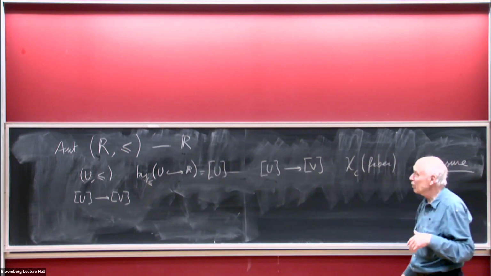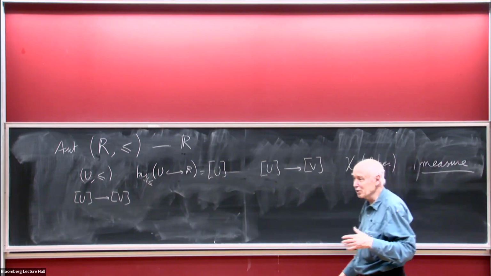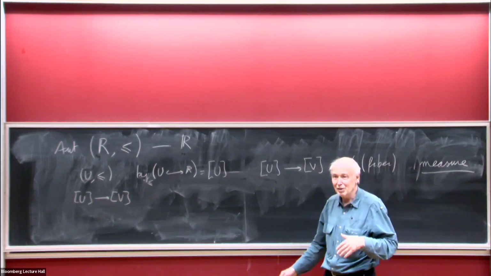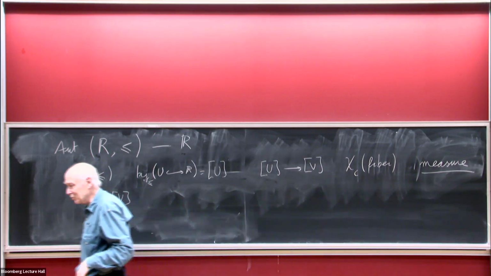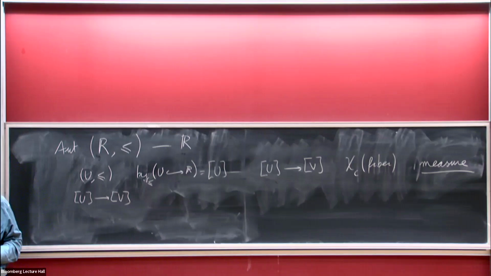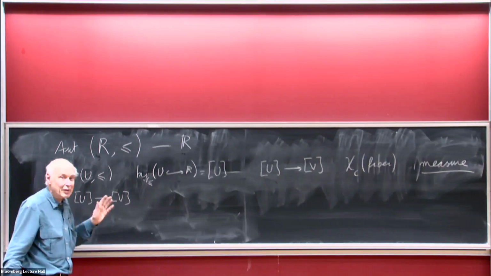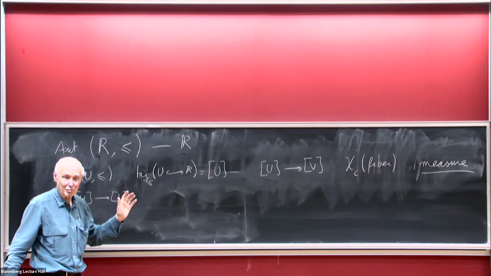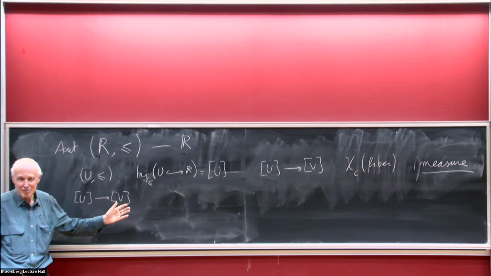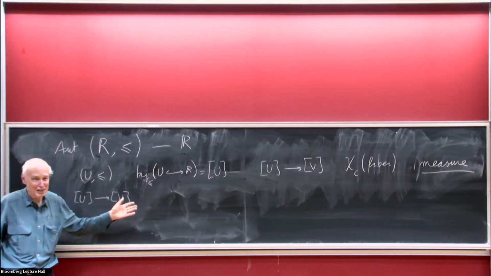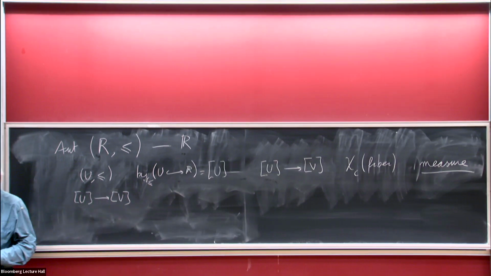With that, if you look at the K group of the category, it will be a lambda ring. So you will have all the things you have to do with a lambda ring, including Adams operations. And the Adams operations will be the identity. And I think that's the only case I know where Adams operations are the identity.